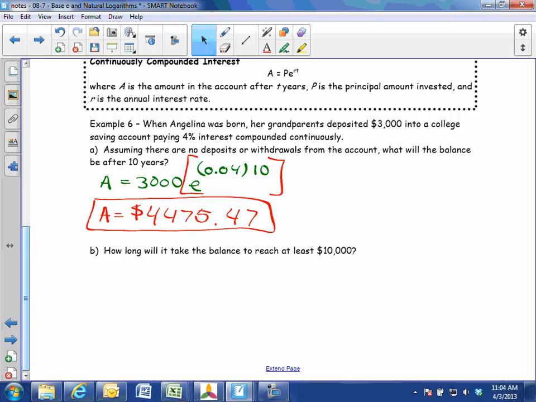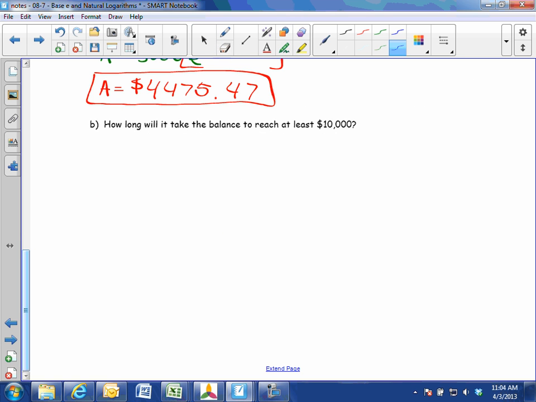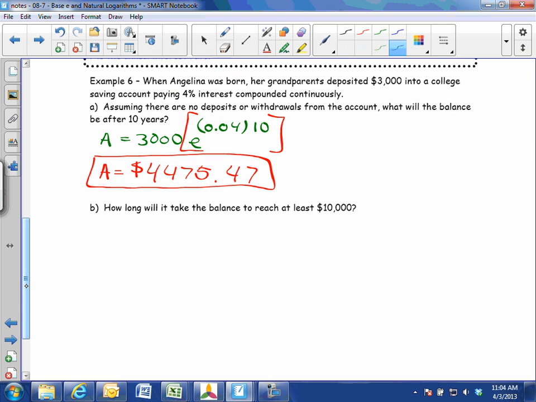And the last one says, how long will it take the balance to reach at least 10,000? So you know what the A is. Right, we know what the A is. Trying to figure out time. Okay, equals, our principal is still the 3,000. E to the, our rate is still the same.